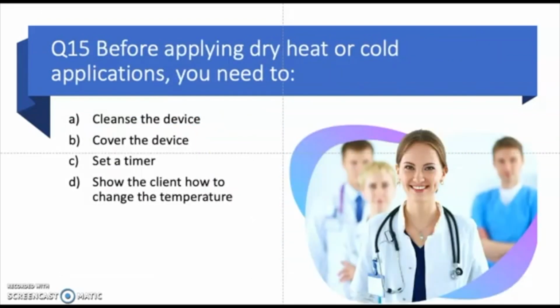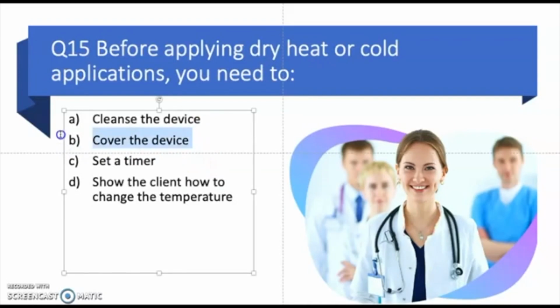Question number 15. Before applying dry heat or cold application, you need to cleanse the device, cover the device, set a timer, or show the client how to change the temperature. Take a moment and think about it.